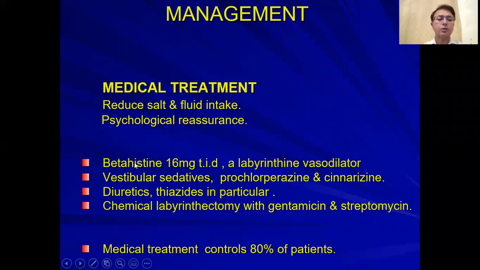The single most drug in our ages, which is found to be very effective, is betahistine. It's a histamine analog. Its effects are more or less like histamine. It's a very strong vasodilator. It acts very nicely on H3 receptors in the inner ear, internal ear.